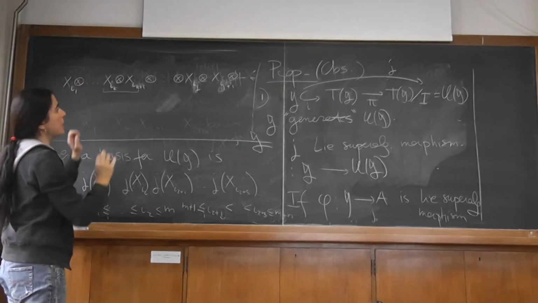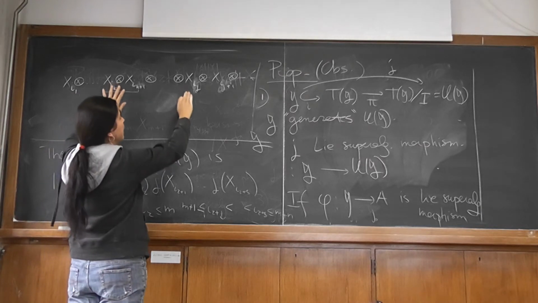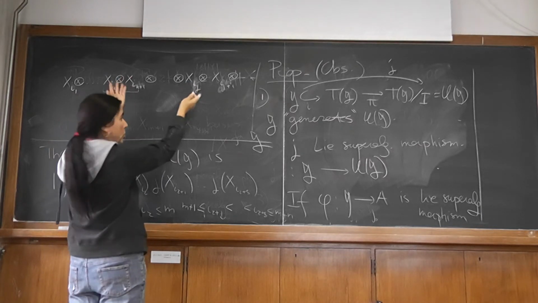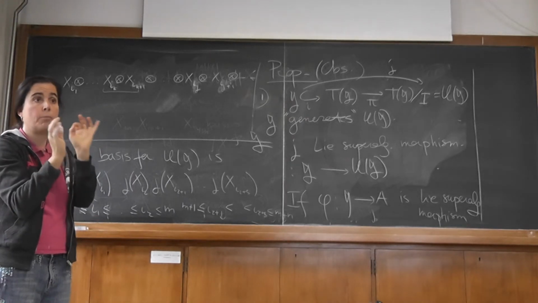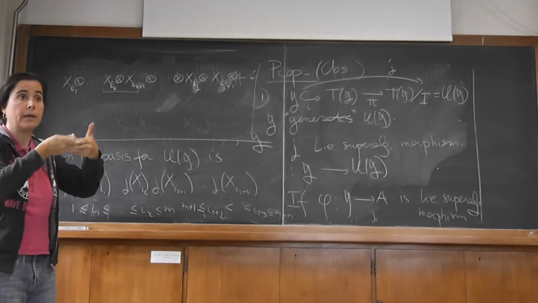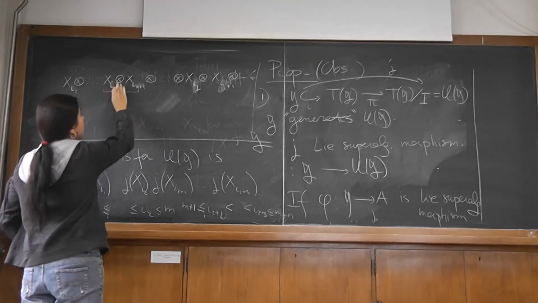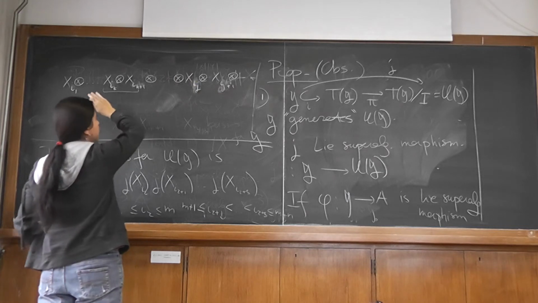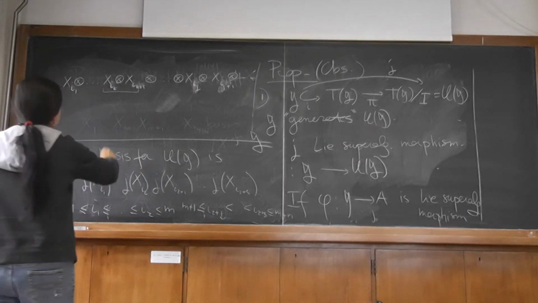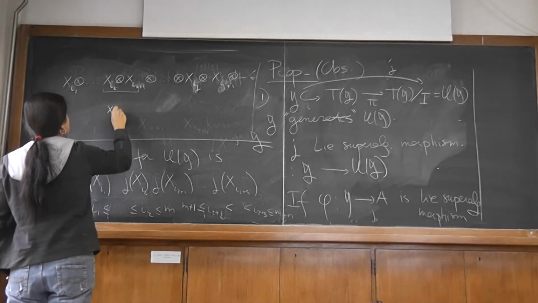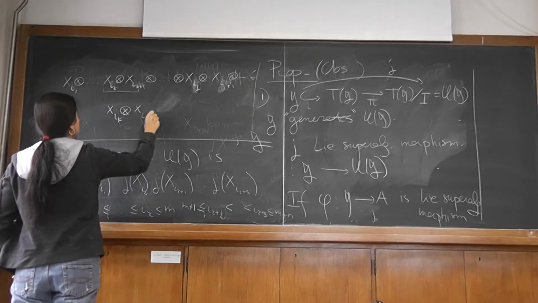So you have two possibilities. If these two are disjoint, it doesn't matter at all whether you do the switch here or the switch there, because they're separated. The only thing that matters is when you have a situation like this, what is called the overlapping ambiguity.